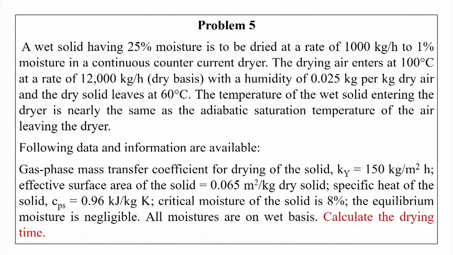Zone 3 is only heating of the final dried product to the desired temperature, in zone 1 the initial drying starts, and in zone 2 the temperature remains almost constant throughout the drying period. So, we will be solving this systematically.